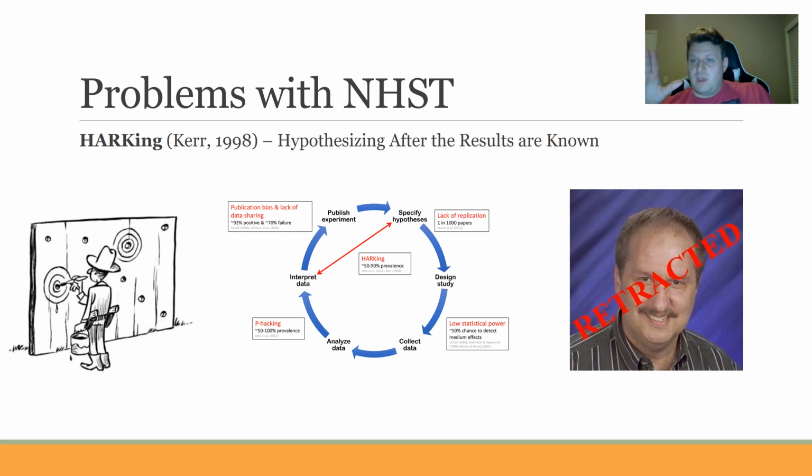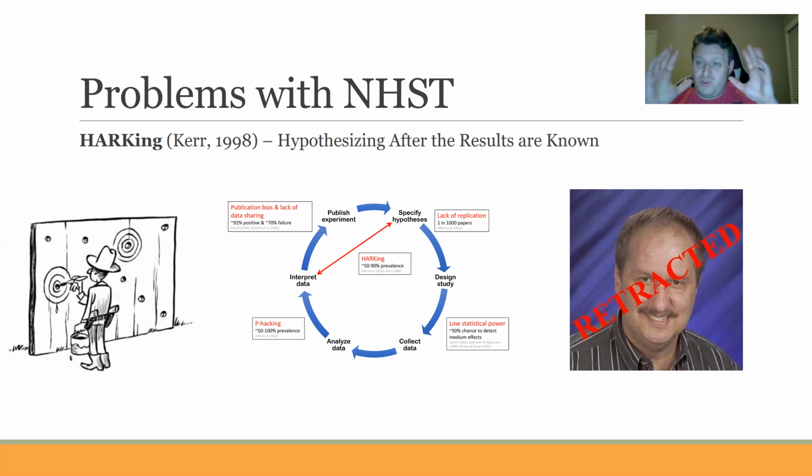Is there a difference in men versus women with whether or not vaccines cause autism? Maybe it's the case that it only causes autism in men. So no, he doesn't find that. So then he breaks it down by ethnic group. Maybe it's the case that only Caucasians have a relationship between vaccines and autism. So he does all of these different statistical analyses, and he ends up finding one.